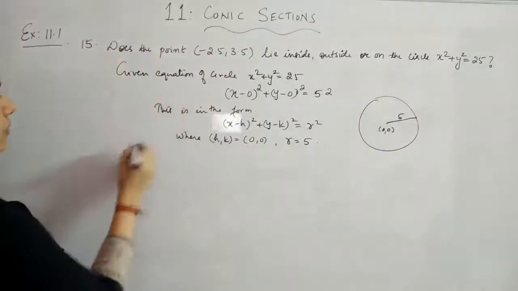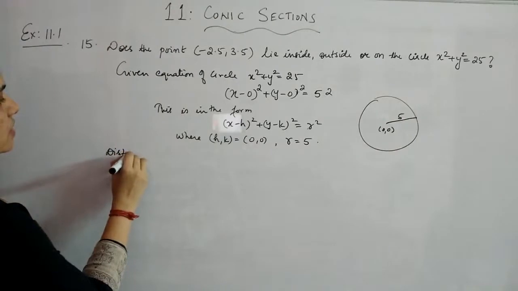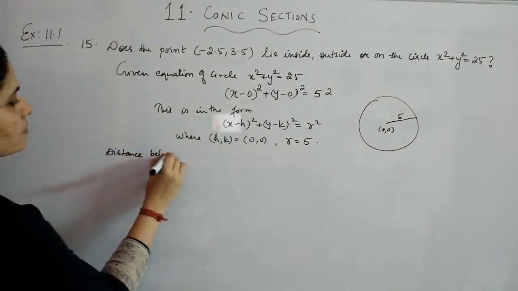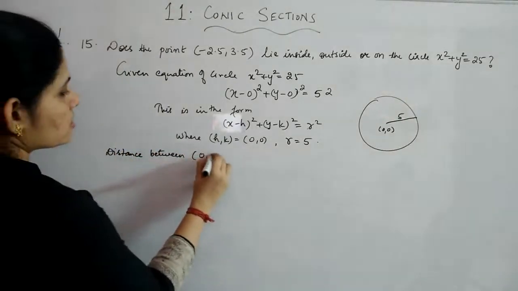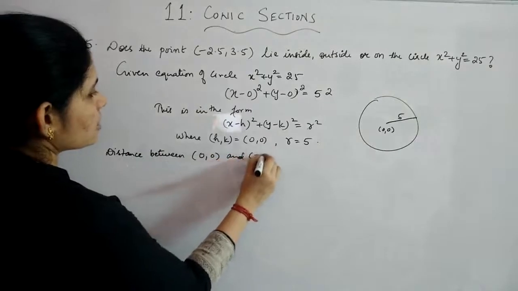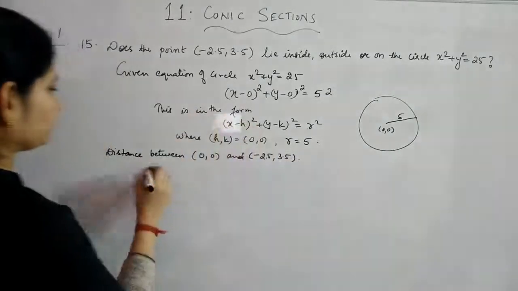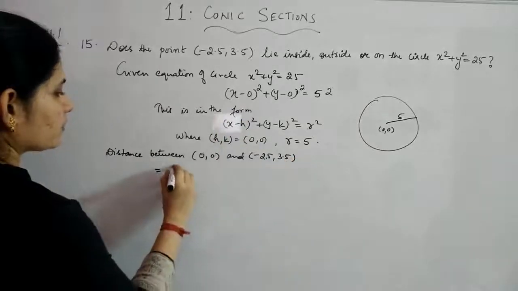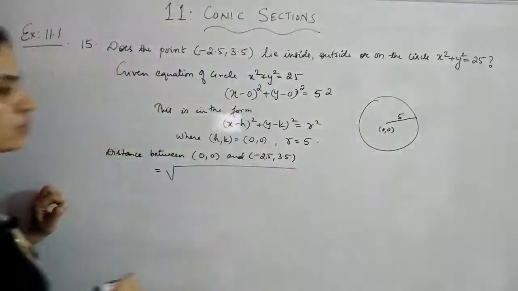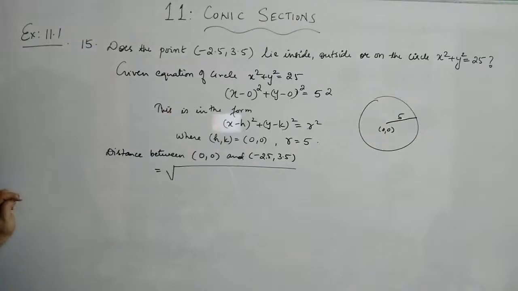Okay, so what we are doing, we are finding out the distance between (0, 0) and the point given, which is (minus 2.5, 3.5). Okay, your distance formula is root of (x2 minus x1) the whole square plus (y2 minus y1) the whole square.